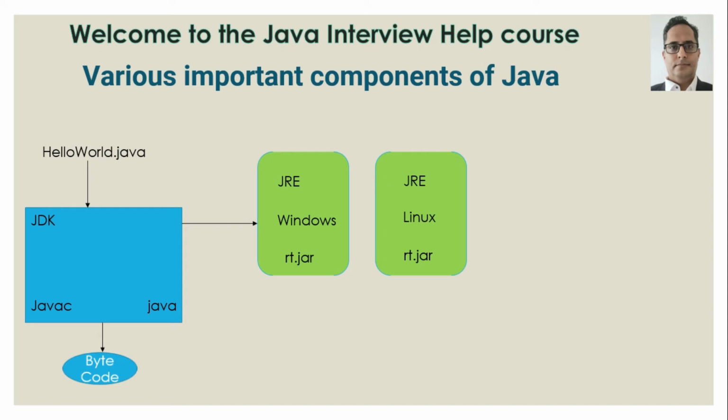We run a Java class file that gets generated using compilation with the Java command. It will launch a JVM that can interpret the bytecode for the underlying operating system, which makes Java platform independent.